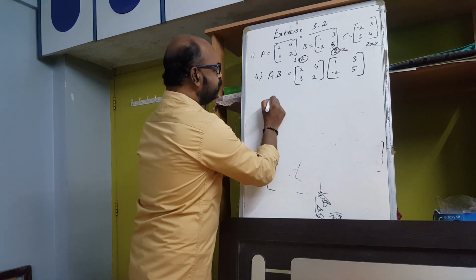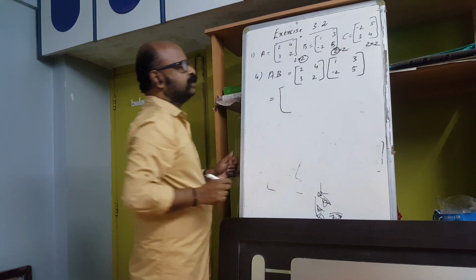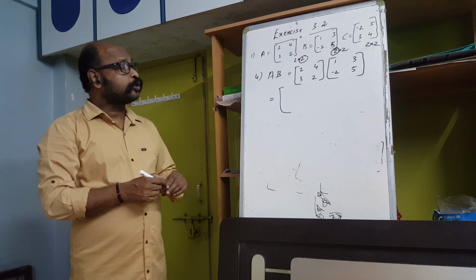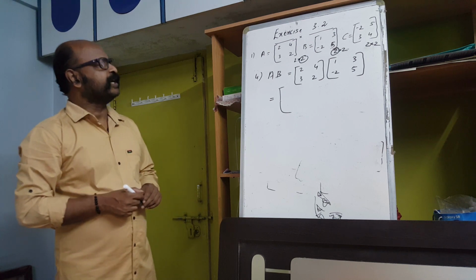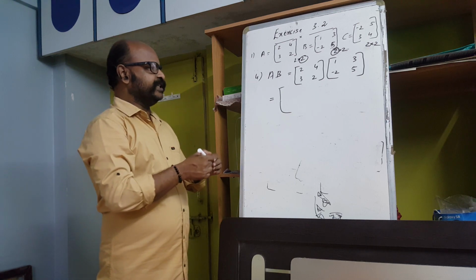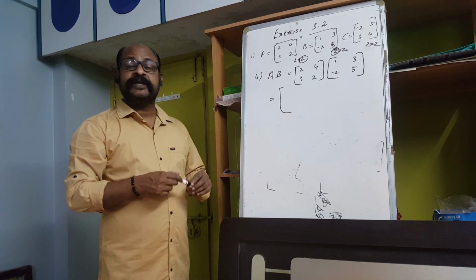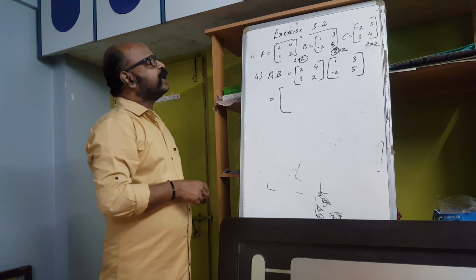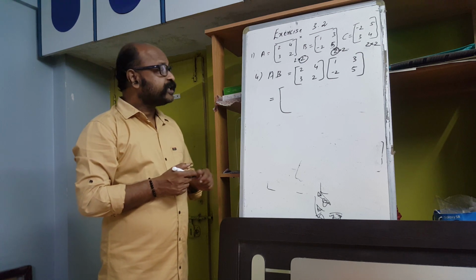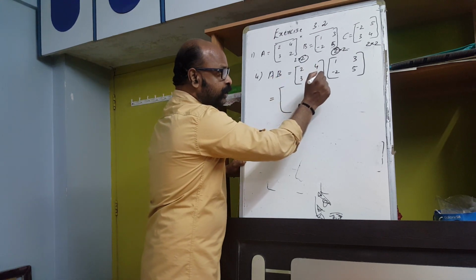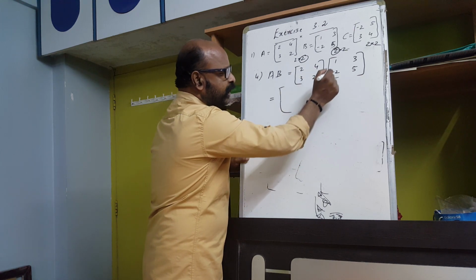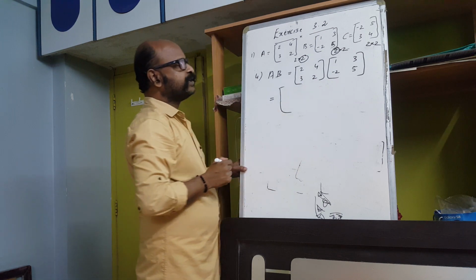Okay, so in multiplication of matrices, what we do is we apply the row by column multiplication. Actually in the theory we discussed it in detail. So multiplication of matrices means we have to apply the row by column multiplication. So take the first row 2, 4 of the first matrix and first column 1, minus 2 of the second matrix.